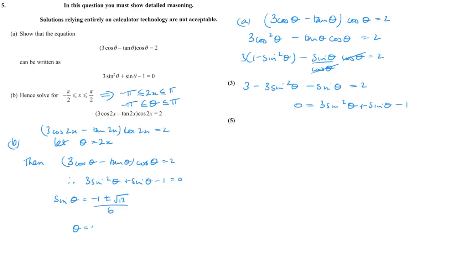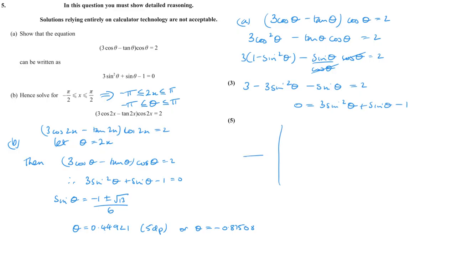So the positive value of this is 0.449. Does it say any decimal places? I'll do it to 5 decimal places. And then theta equals minus 0.87508 to 5 decimal places.